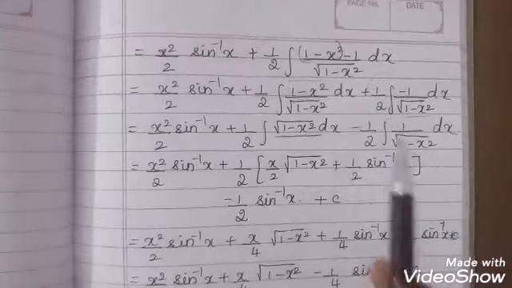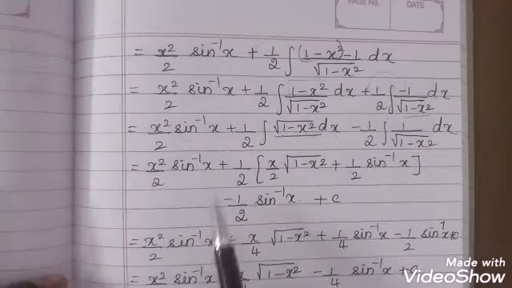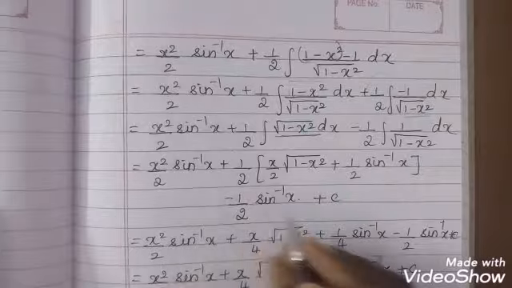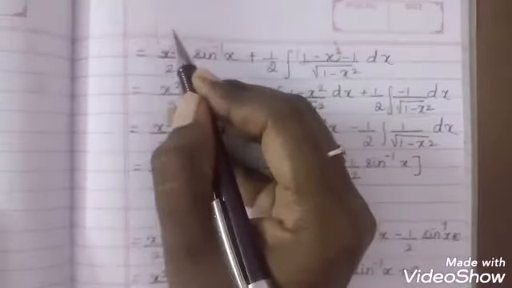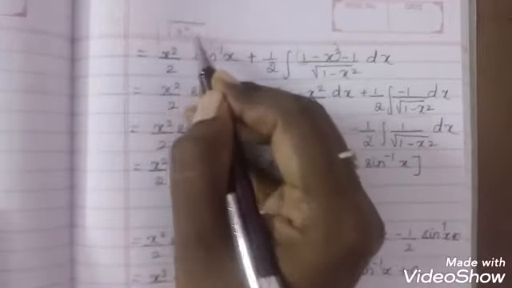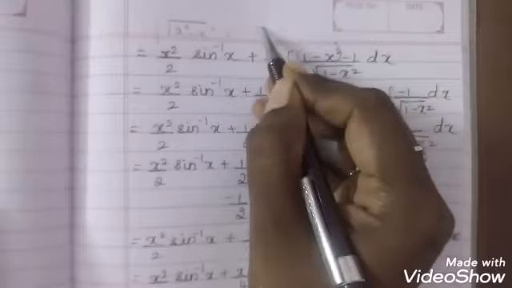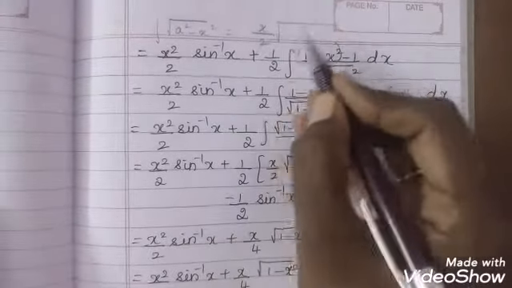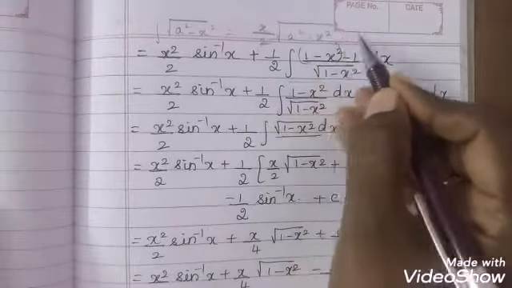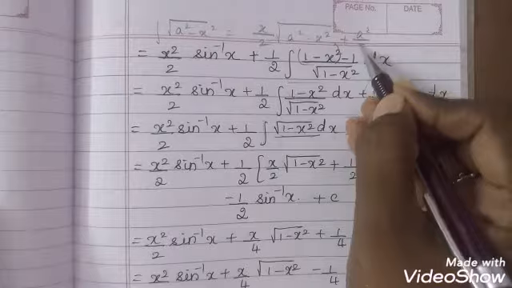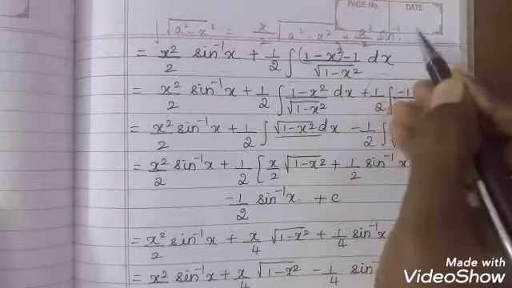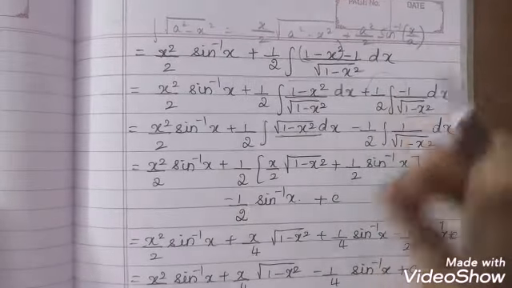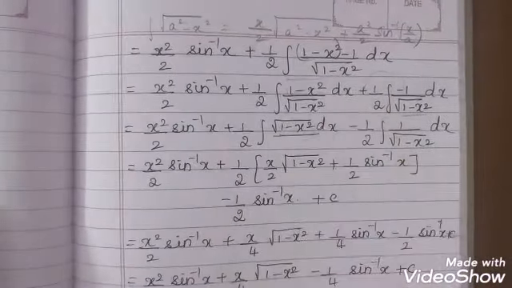This formula I wouldn't have told you so far. The integral of square root of a squared minus x squared is equal to x by 2 into square root of a squared minus x squared plus a squared by 2 into sine inverse of x by a. This is the formula you get.